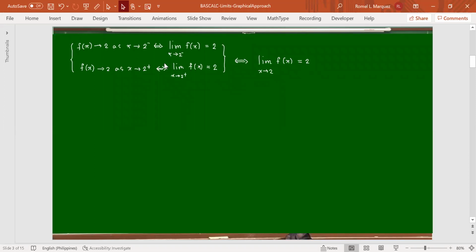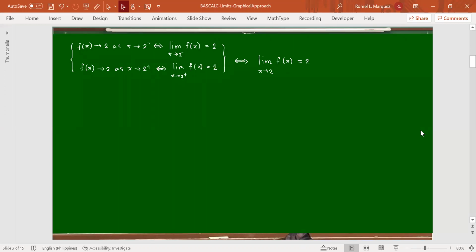So meaning, if you have the same behavior coming from the left of 2 and coming from the right of 2, you get the same values. So we can write limit of f of x as x approaches 2, and that is equal to 2. So no need to write plus or minus here. And we say that the limit of f of x as x approaches 2 exists, and it is equal to 2.